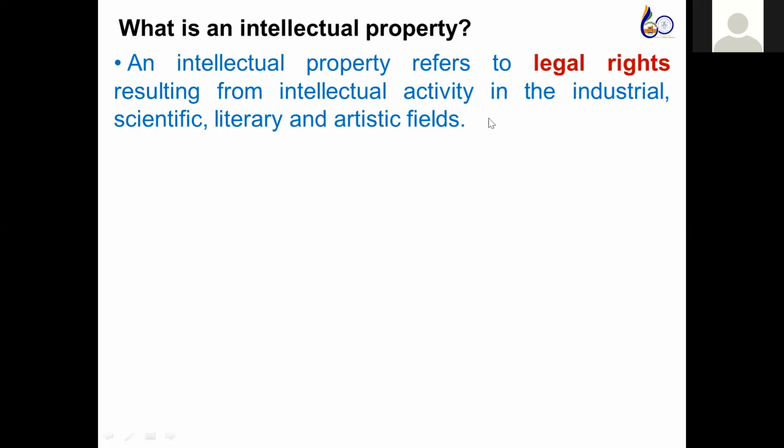See, it is your brainchild. How do you protect that brainchild from being exploited, unintentionally, if somebody is exploiting it? How do you stop that, and what are our own rights?